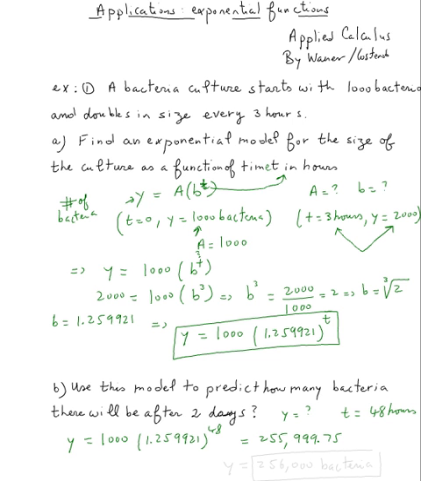We can't have 0.75 bacteria, so round it up. So this will be 256,000 bacteria. That's it for this example.